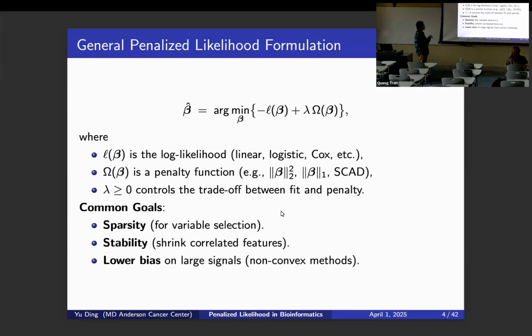The other term, lambda, is typically a positive number used to control the effect coming from the penalty function omega. This is embedded in the objective function, and our target is to minimize the objective function.